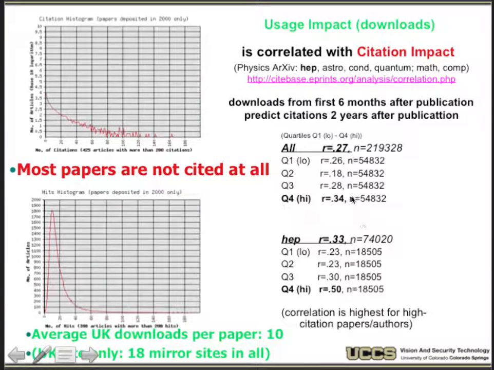The correlation over all of physics ranges between 0.26 for those with low quantities to 0.34 for those that are highly downloaded and highly cited. And in high energy physics, a particular subcategory, it reaches up to 50% in terms of the correlation. So correlation is higher for the highest-citation papers, but this is still a really good indicator of how much of an impact that work is going to have.